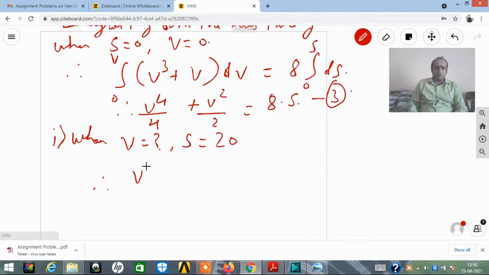So therefore v raised to 4 by 4 plus v square by 2 is equal to 8 into 20.